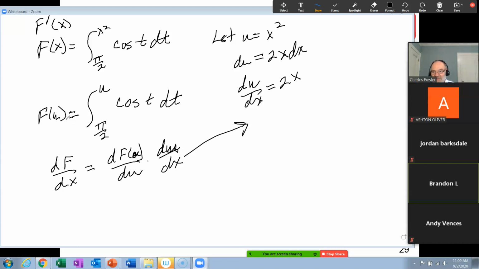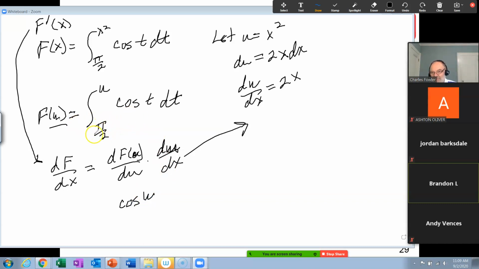So if this is what we're looking for, if I can get my pen to come back, there it is. This thing is that thing, and this thing is this. So df/du, we know what that is. That is cosine u, because that is the fundamental theorem of calculus part 2.